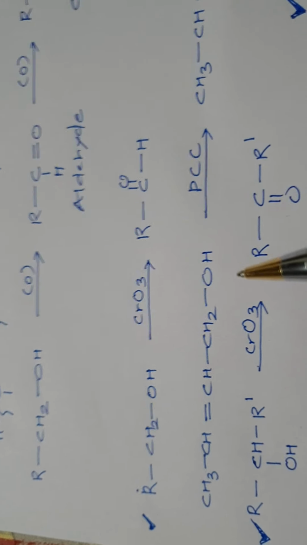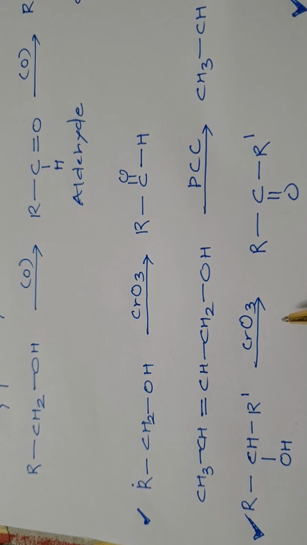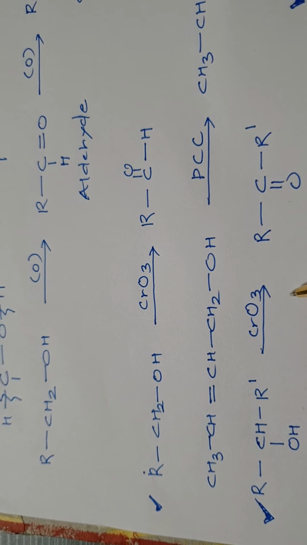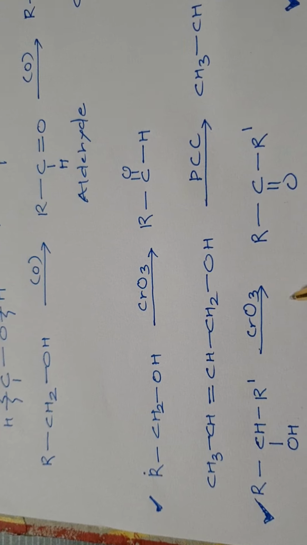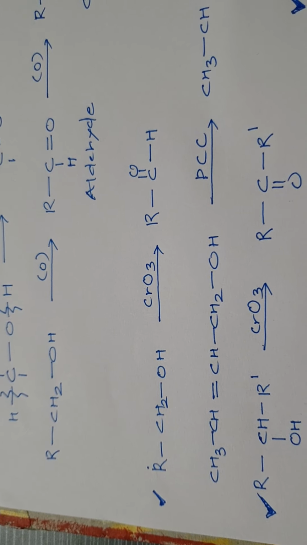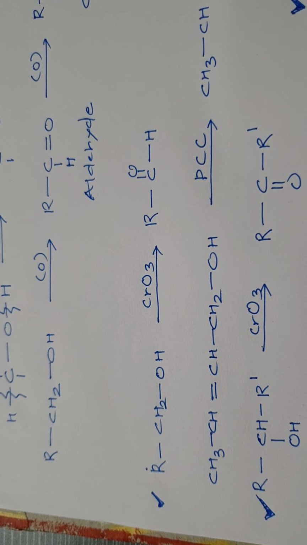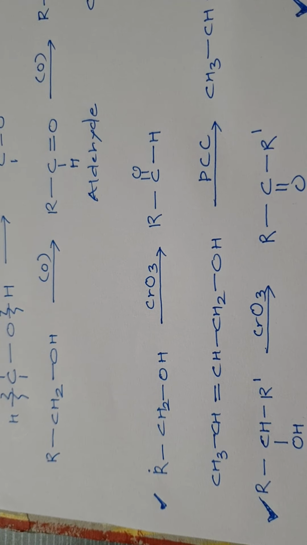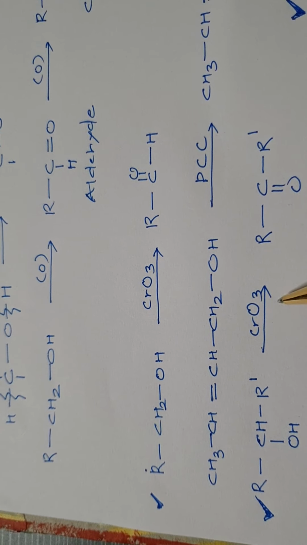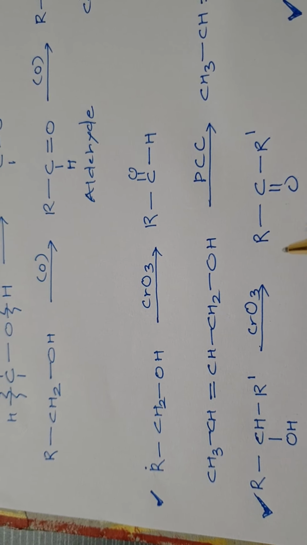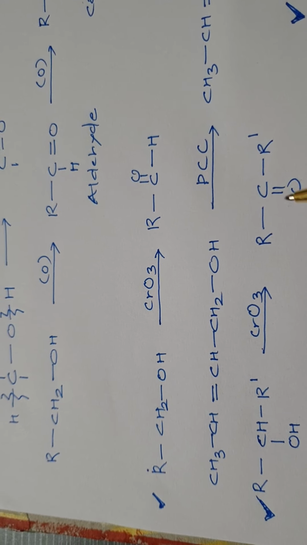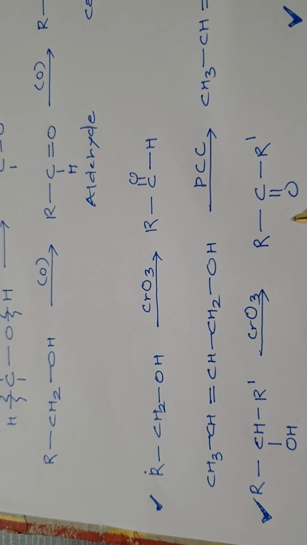Now, when I talk about tertiary alcohol, these tertiary alcohols rather undergo elimination reaction. This elimination reaction of alcohol gives you alkene as the product. So, tertiary alcohol on use of this chromium oxide gives you alkene as the product, because it does not undergo oxidation, it will rather undergo elimination reaction.